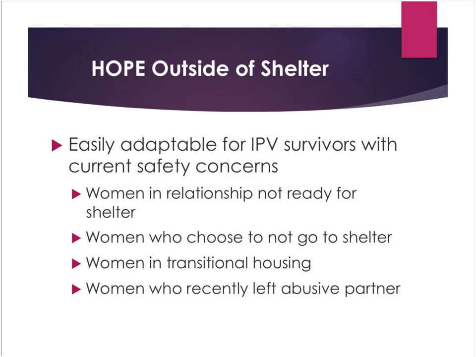But if they're still experiencing abuse, or just trying to get out or recently out, it's pretty easily adaptable. We've used this with women in an abusive relationship who are not ready to go to shelter, where we really focus on the early stages and helping them make a decision around whether they want to leave the relationship or not. Is shelter a good decision for them?